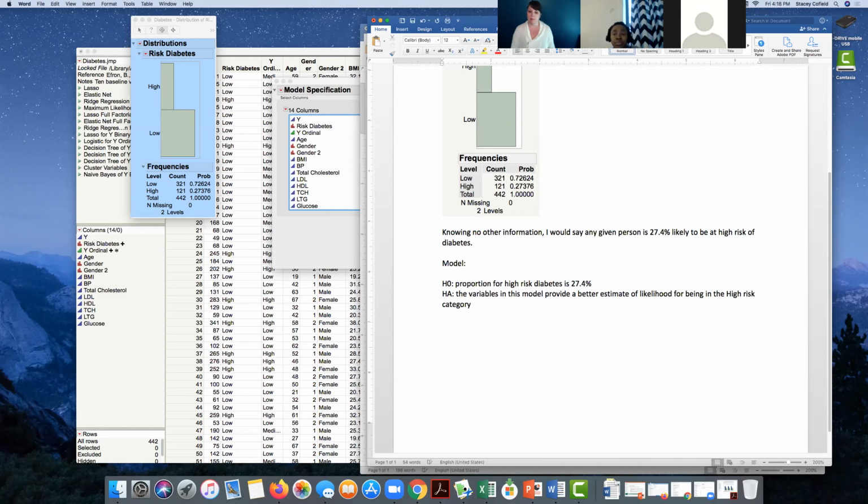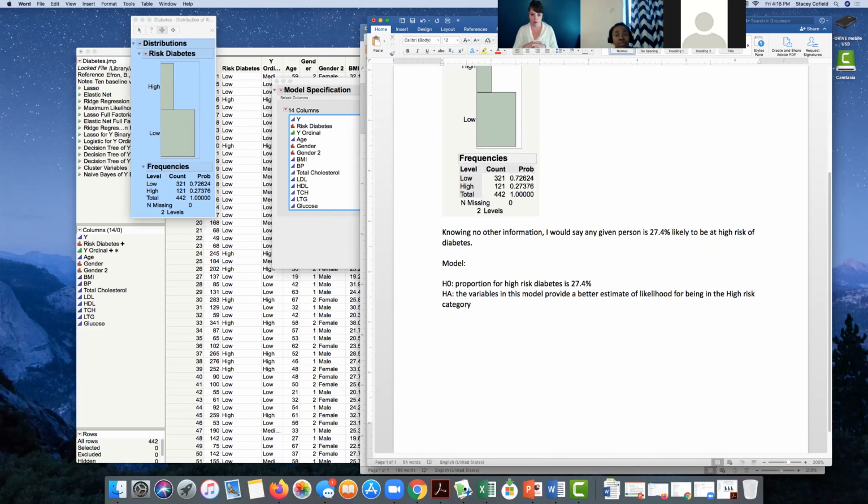That's all I'm asking of my whole model test. Am I just going to stick with my proportion of high and low, or is this model going to give me better prediction? Does that make sense?